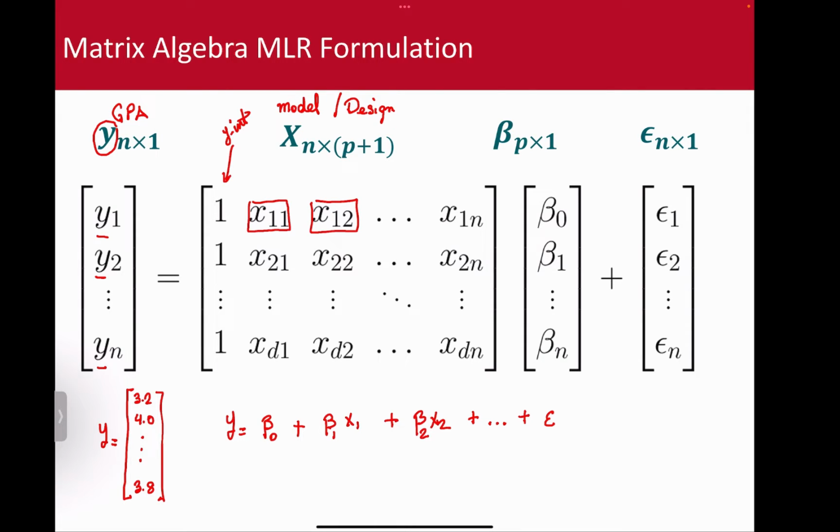The idea is to get estimates of these parameters all at once so that I don't have to get formulas for each one of them. As we saw in simple linear regression, we might have to compute a formula for beta 0, a formula for beta 1, but instead we want every single parameter estimated at once.